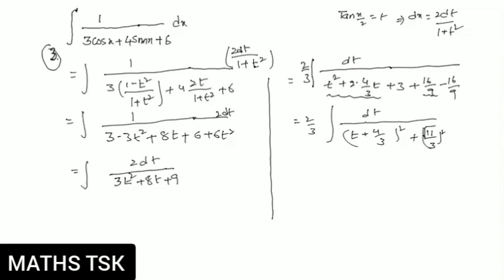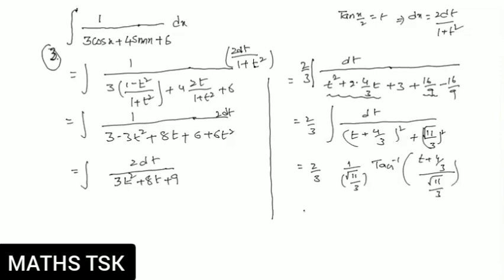It's in the form of 1 by x square plus a square, with the formula 1 by a tan inverse of x by a, where x is t plus 4 by 3 and a is root 11 by 3.